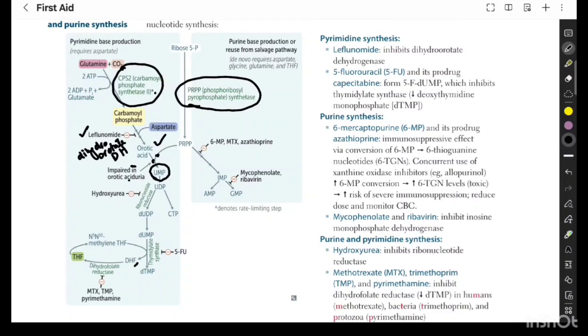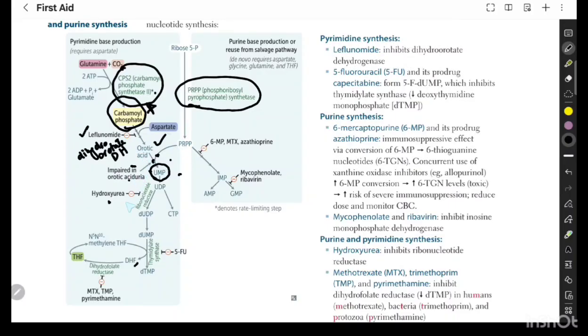So if you get carbamyl phosphate in your serum and the levels are raised, then you have blocked via leflunomide. But if you get orotic acid in the urine, it means you have particularly blocked this particular pathway, right?